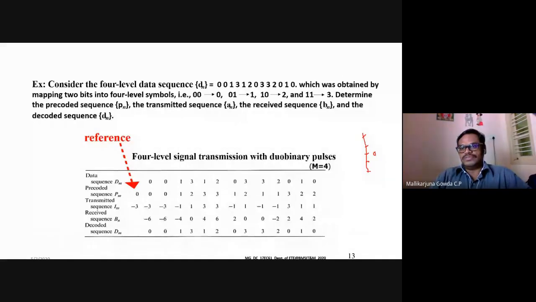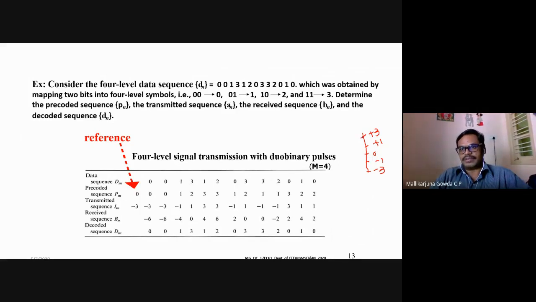I denote this with minus 3, and this with minus 1. I am representing the amplitude levels: minus 3, minus 1, and this will be plus 1, and this will be plus 3.